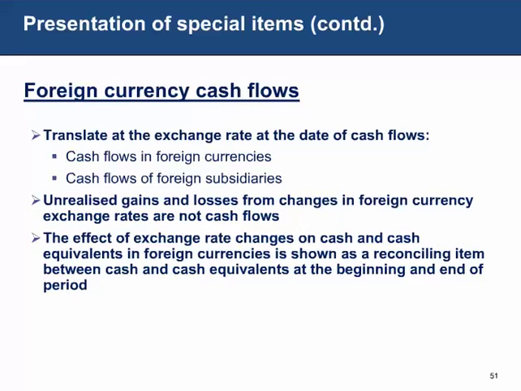Thus, if your cash and cash equivalents, for example, foreign currency deposits, which become part of your cash equivalents, are there, they are required to be presented in your cash flow statement by means of a reconciliation as at the beginning and end of the period.